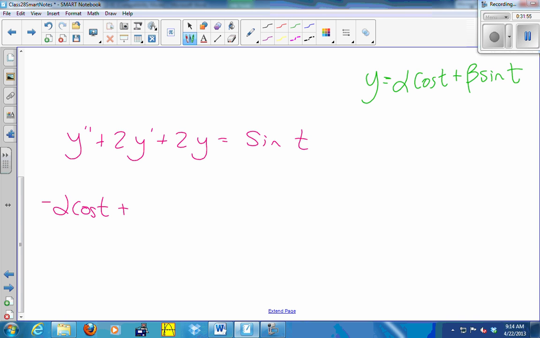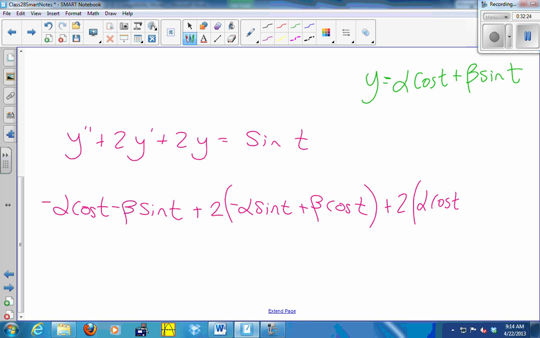The derivative of beta sine would be beta cosine, so y double prime is negative beta sine. Then plus 2 times y prime, so that's going to be negative alpha sine plus beta cosine. And then plus 2 times y. And we're trying to force all this to equal sine t.